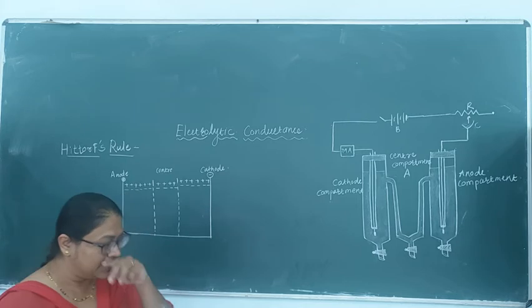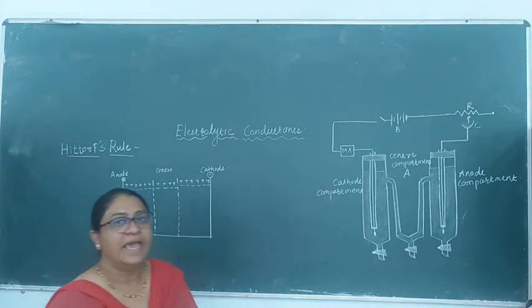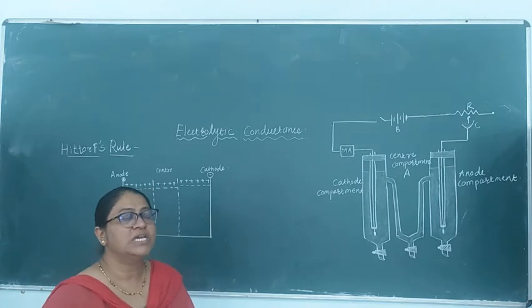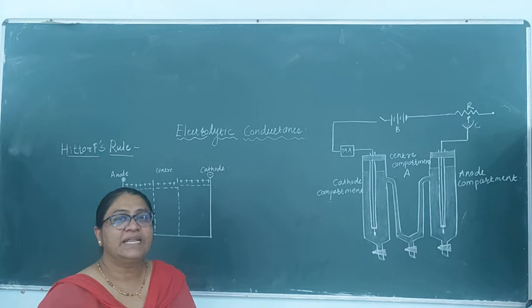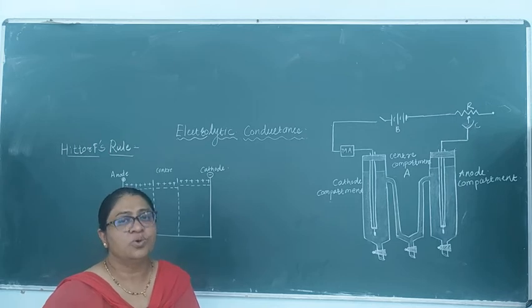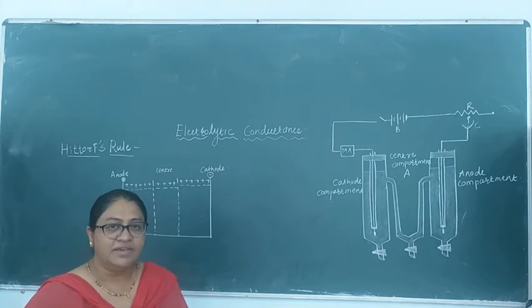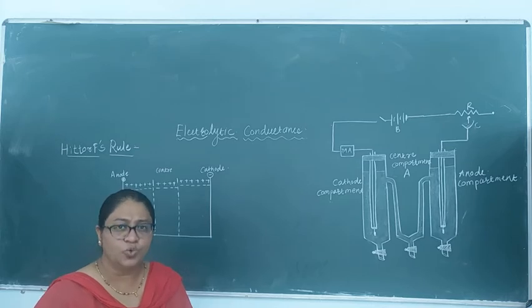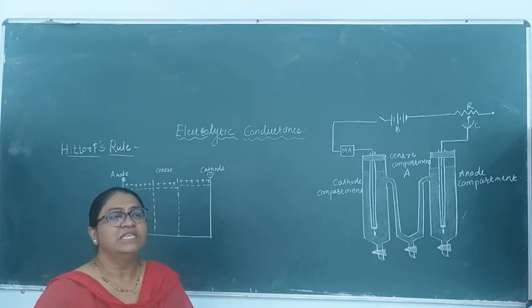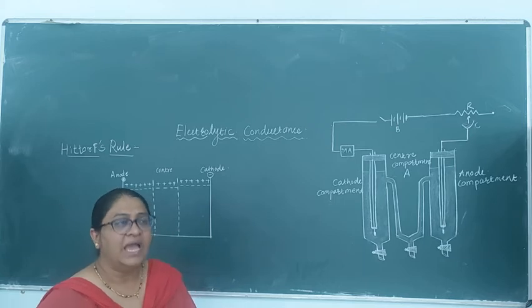Therefore, this concentration change we are going to deal with, and the change in concentration near the anode as well as the cathode is directly related to the velocities of the ions. This is the basis of Hittorf's rule. Hittorf gave the rule which shows the relation between the transport number and the velocities of ions.